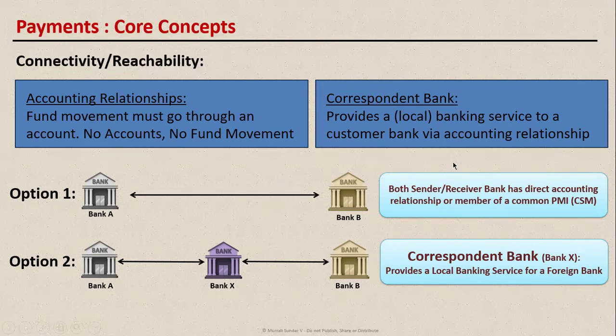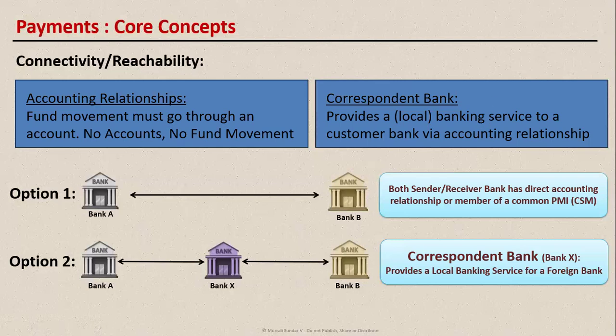Like that, in a domestic payment, for example, a very small cooperative bank wants to be part of the clearing system, and the clearing system denies their participation, then the cooperative bank will probably reach out to HDFC, which is a bigger bank, and HDFC will provide all their services to the cooperative bank, and based on that they can access the clearing indirectly. So here HDFC bank plays the role of correspondent bank for that smaller local bank. This is just a concept, but in general they will say a correspondent bank is used in international, cross-border payments only.